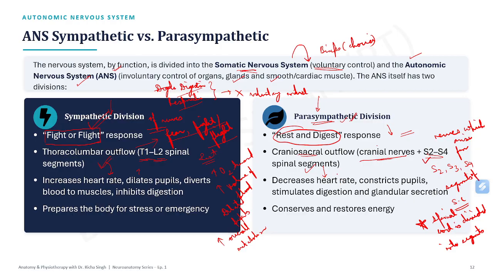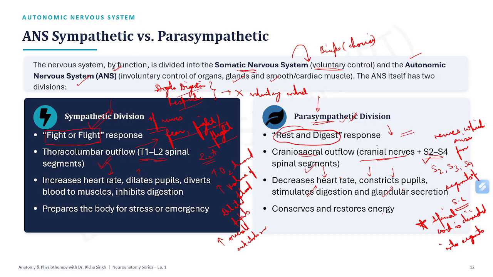A normal or a reduced heart rate, it constricts your pupil. You don't need to focus so much on your surroundings. Even if pupils remain constricted, they remain small, it's okay. It stimulates digestion. Yes, you are at a state of rest, you will want to digest.